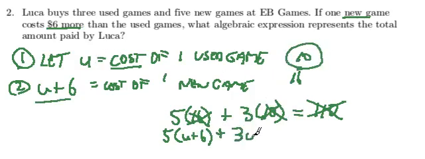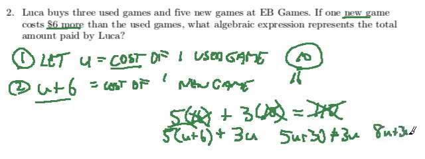So I'm going to get rid of the 10 and replace it back with the variable, now that I've tricked my brain into telling me how to do it. And then I'm going to simplify this a little bit. I ran out of space down here, but when I distribute, I get 5U plus 30 plus 3U, which comes out to 8U plus 30, and my units here are dollars.